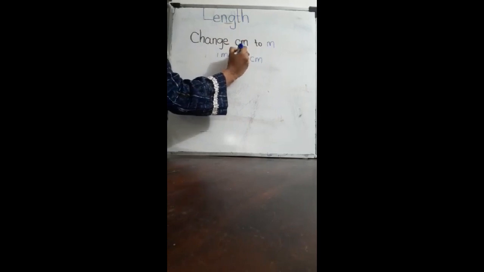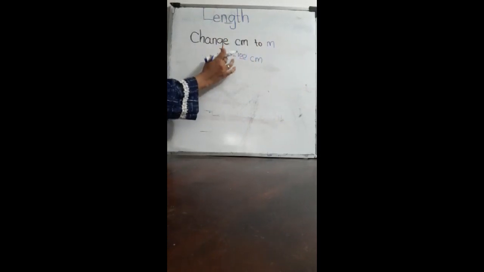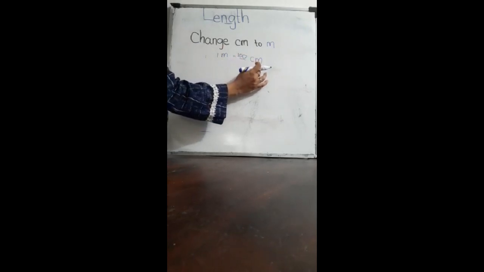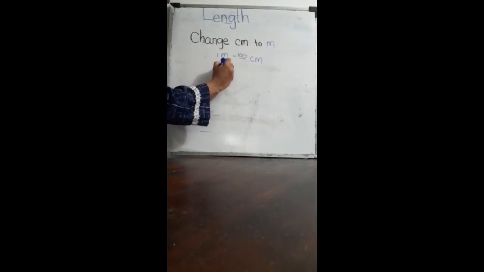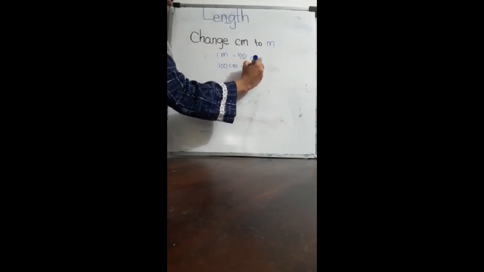So 100 centimeter is equal to 1 meter. 1 meter is equal to 100 centimeter. We can write them in another way. Both are the same. 100 centimeter is 1 meter.